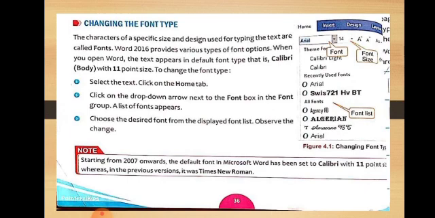The list of fonts appears. Here you can choose your desired font from the displayed font list, and immediately you will observe the change there. Now you can see the figure 4.1 in your book at the bottom right side of page number 36.